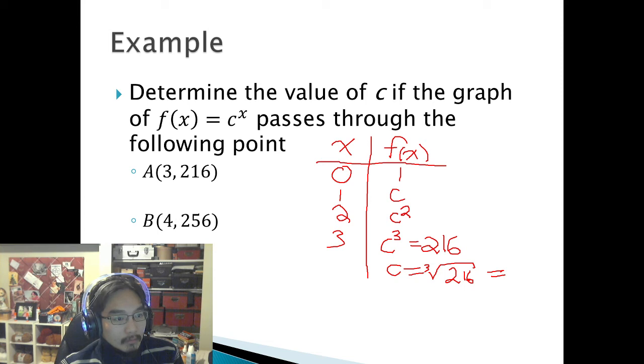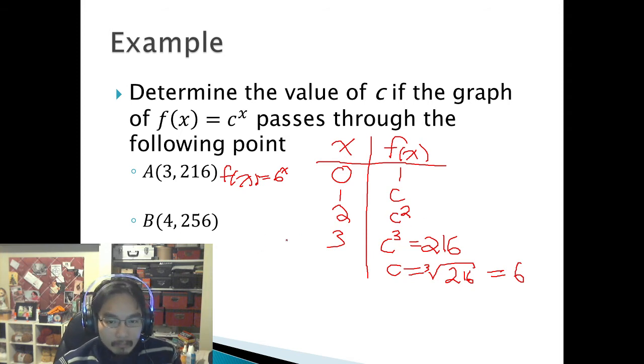No, that's not right. 216 to the 1/3 equals, this is 6. So for the first one, we know c is 6. So f of x is equal to 6 to the power of x.